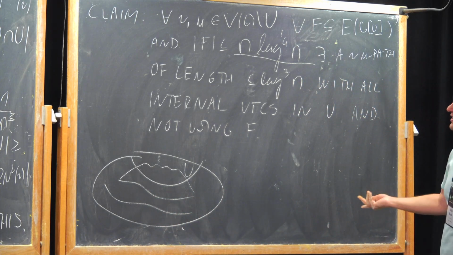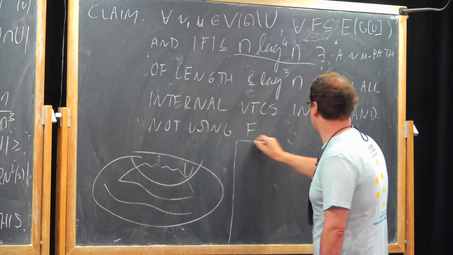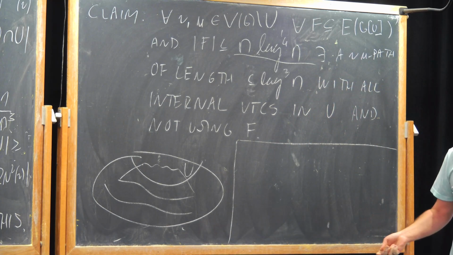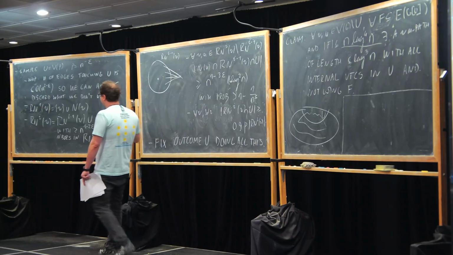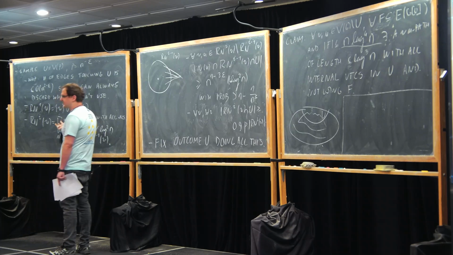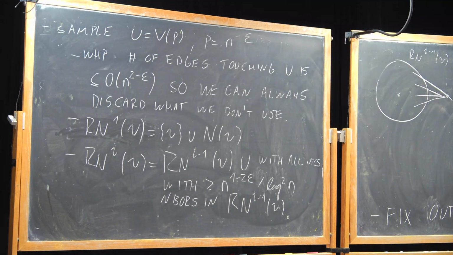Okay, now why is the claim true? Well, I claim that these robust neighborhoods actually let you do it. The reason is that the robust neighborhoods themselves grow exactly the same as if you had the usual expander. So you have 1 over log squared n expansion, so it will take you log cubed n steps to reach more than half.